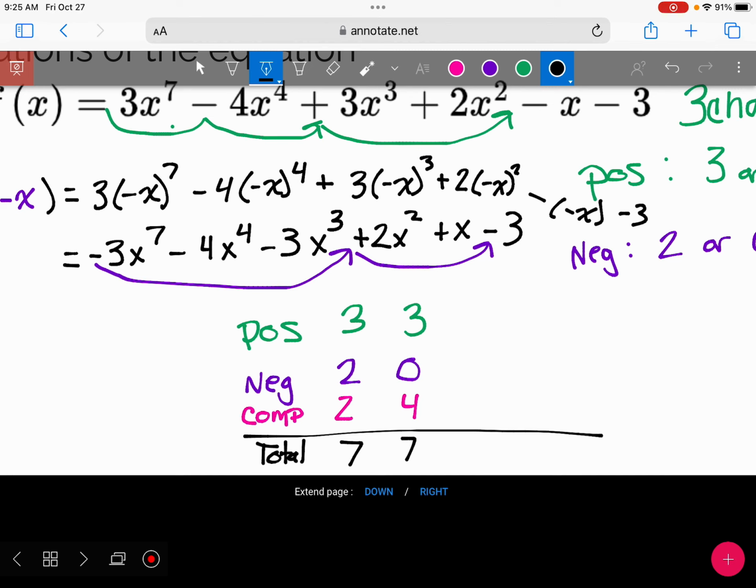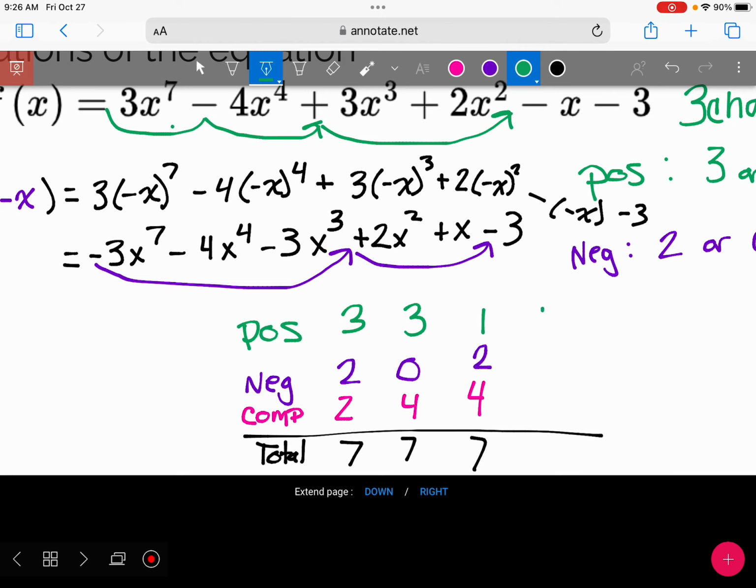Maybe we don't have 3 positive roots. Maybe we only have 1 positive root. We don't know. If I have 1 positive root, maybe I have 2 negative roots. How many complex roots would I need here? 4, because we still need to have a total number of 7.